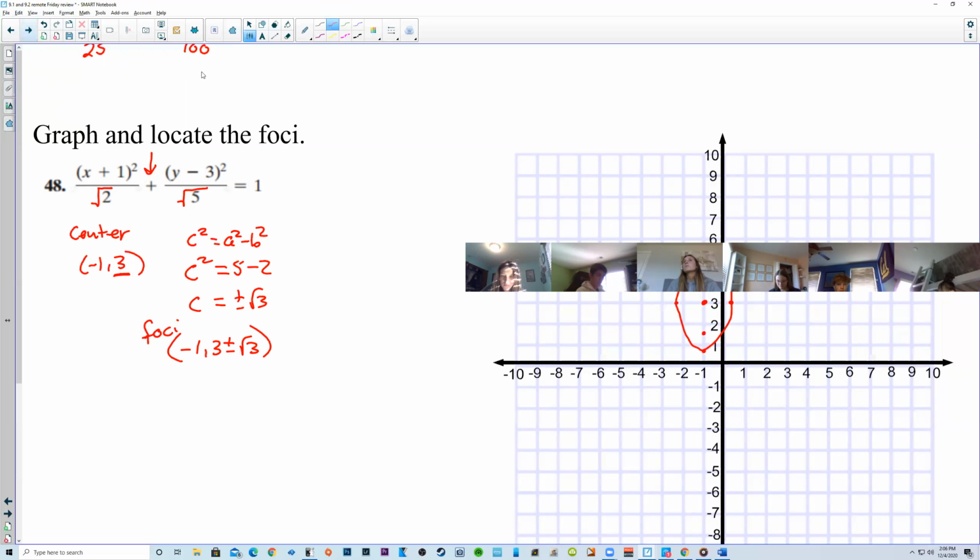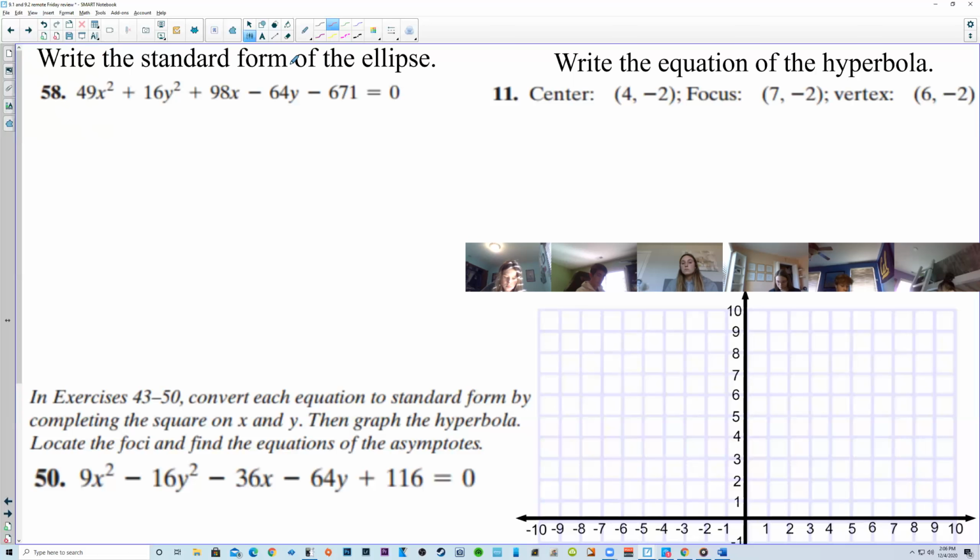Let's roll on then. Next slide, write the standard form of the ellipse. We're going to factor out a 49 out of the x's. x squared plus 2x plus something, plus 16 times y squared minus 4y plus something is equal to 671 plus something plus something. 2 divided by 2 is 1. 1 squared is 1.